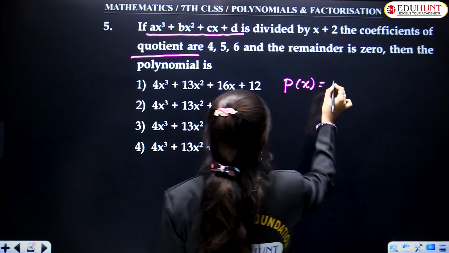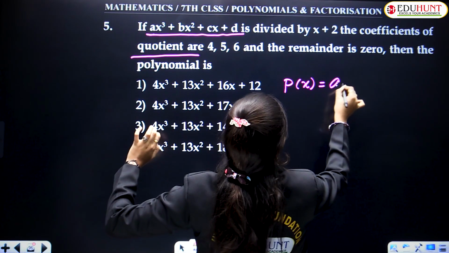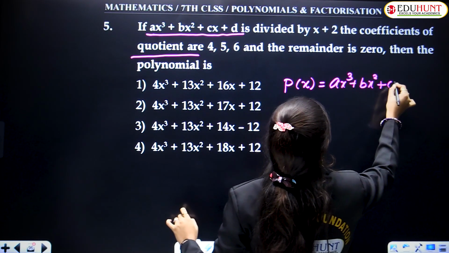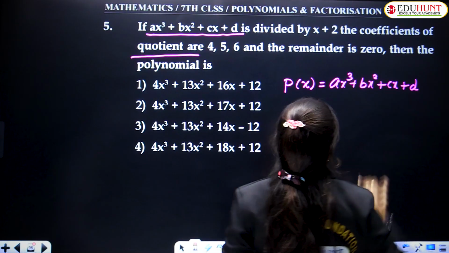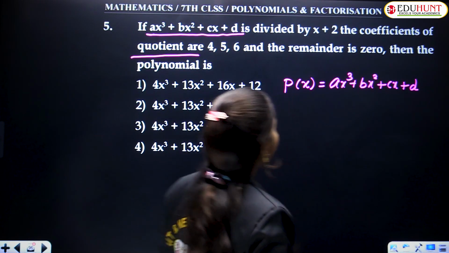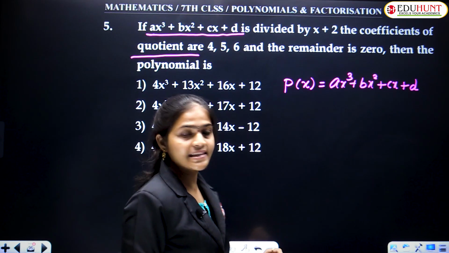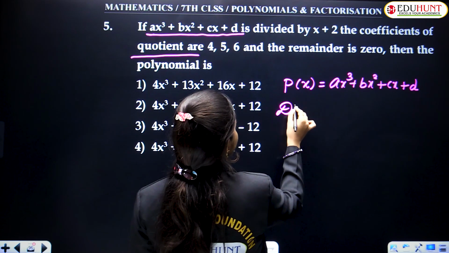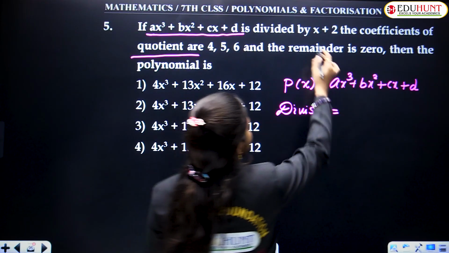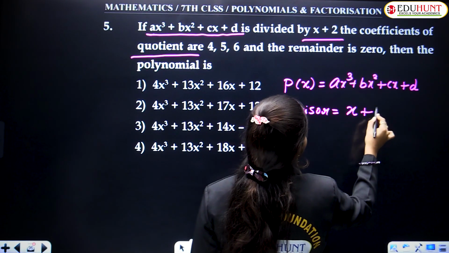P of x is equal to ax cube plus bx square plus cx plus d. This is the given polynomial. It is divided by, that means that is the divisor. So the divisor is x plus 2.